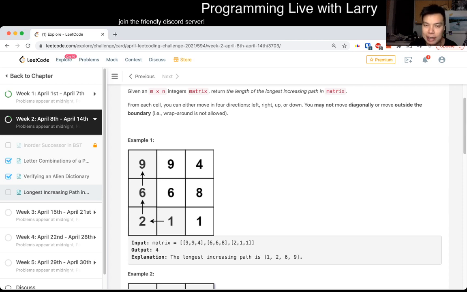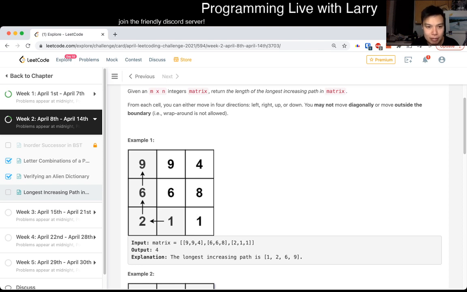Because this is strictly increasing, that means there are no cycles, and because there are no cycles, you can just do it recursively and cache it, because it is the longest path in a DAG. That is basically the standard way of doing it.